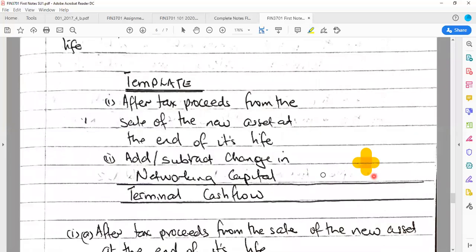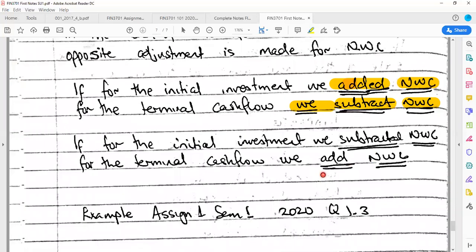And I'll give you the reason. It can be a bit confusing, so I'll try to explain it as slowly as possible. Remember, we said that if our net working capital increased at the beginning of a project, it means that money went out. It means that the company spent money, right? So we said we subtract because the company spent money and our net working capital has increased.